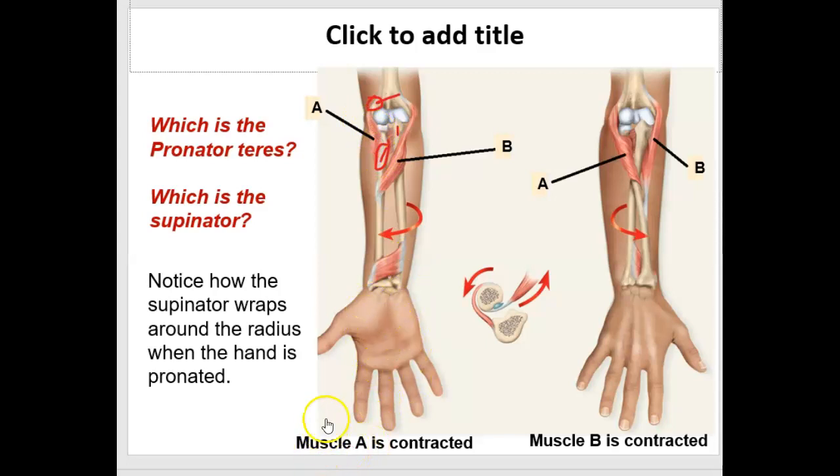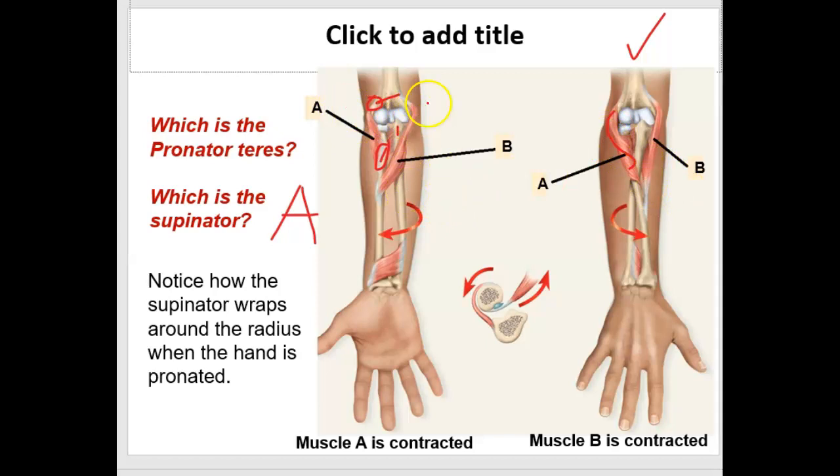So this has to be the supinator. A is the supinator. And notice that when it relaxes, I'm going to go over to the second picture, this one over here. When that muscle relaxes, you can see the full length of it, because it curls around the radius. As the radius flips over, the muscle kind of goes with it. But this is a relaxed supinator.